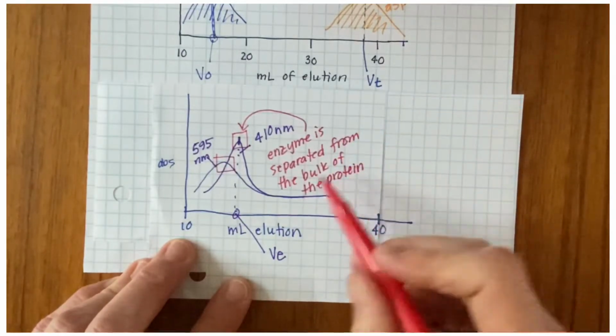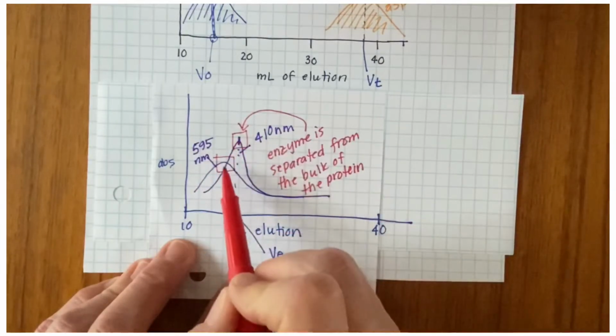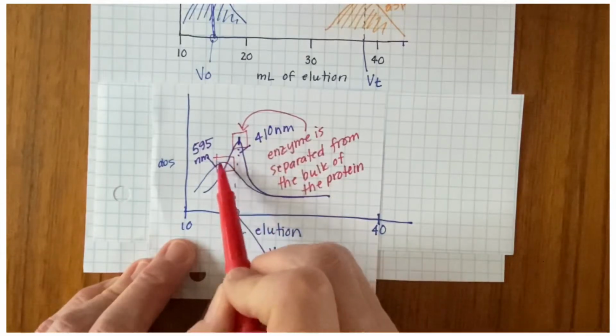So the bulk of the protein is all the protein on the column, and since those two peaks are different, the enzyme has come out later than the bulk of the protein.